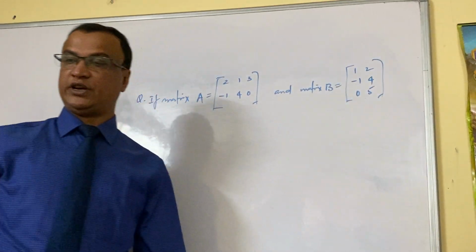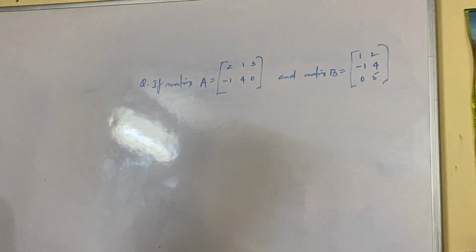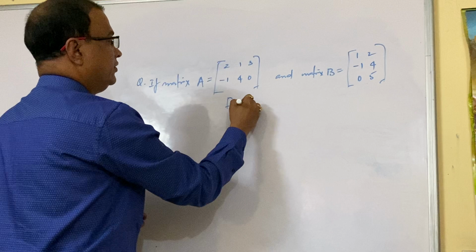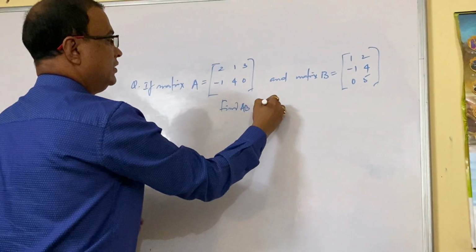So these are the two matrices given, and we have to find AB and BA.